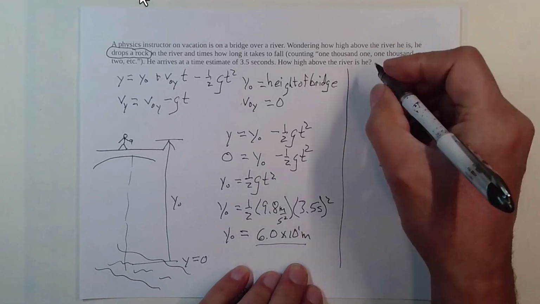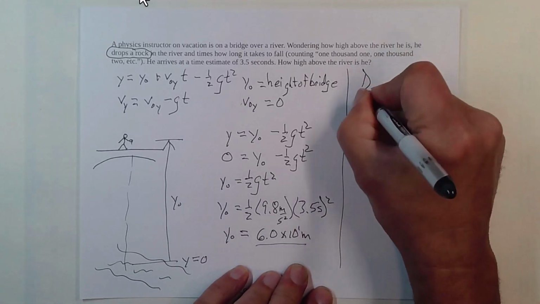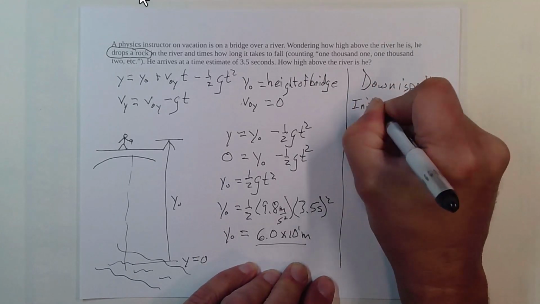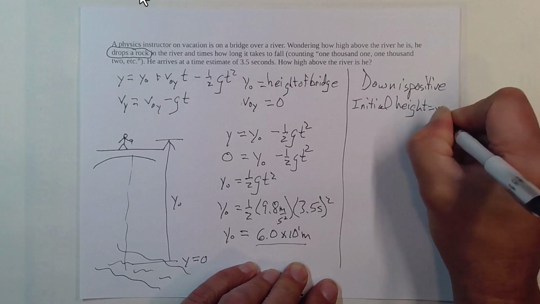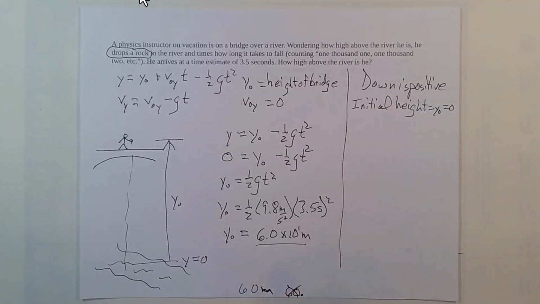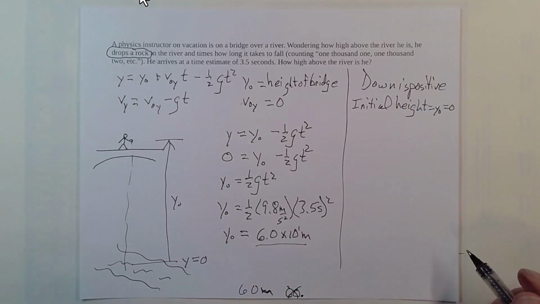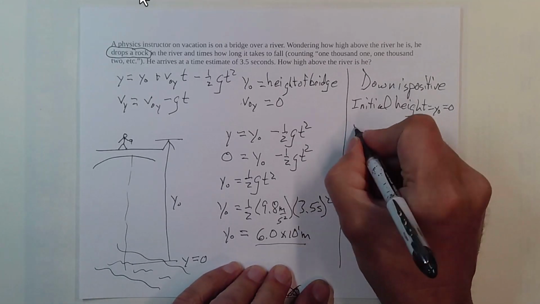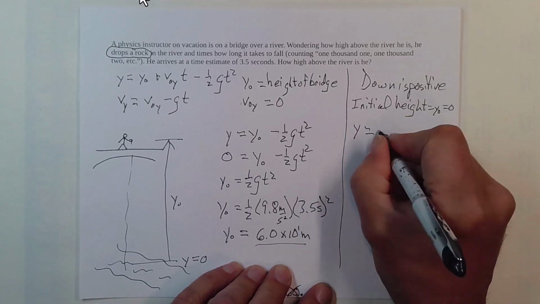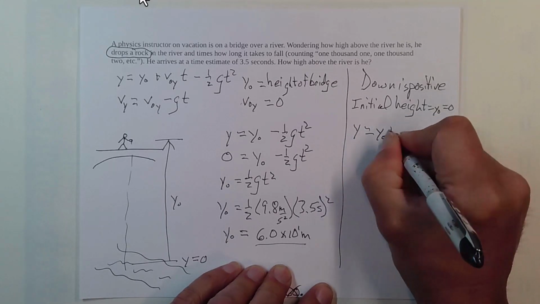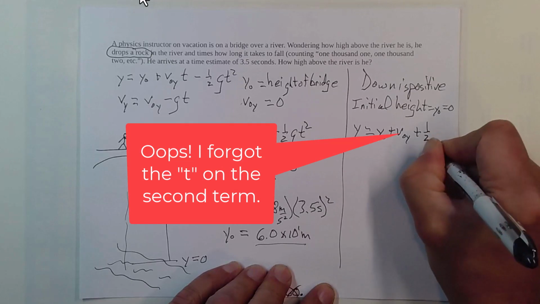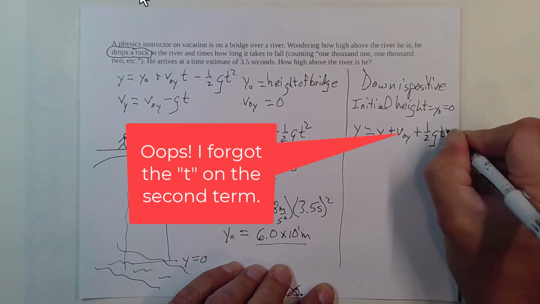Okay, let's also do this with down as positive, and initial height y naught equal to 0. Now the equations change if down is positive. You have y equals y naught plus v naught y t plus 1/2 gt squared in that case.